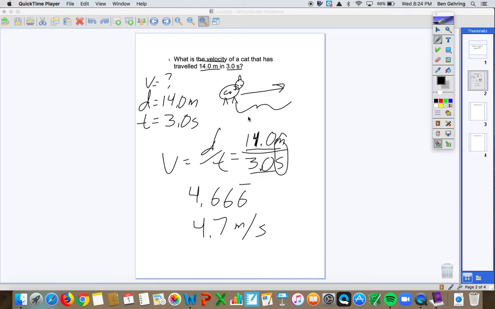And if I tell you that this is 14 meters, and that time was 3 seconds, then I can give you a velocity of 4.7 meters per second to the right. So there's our first one solving for velocity.